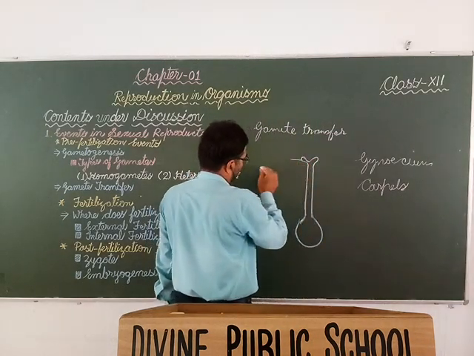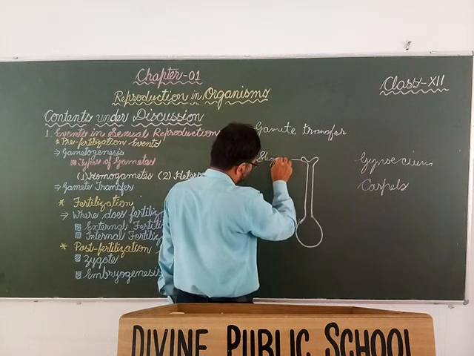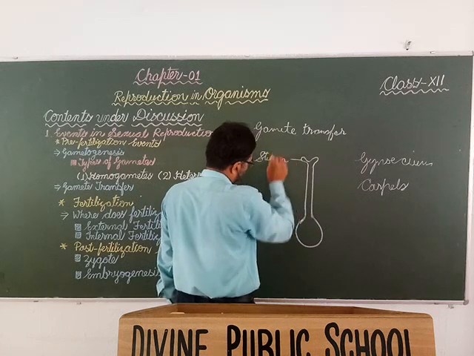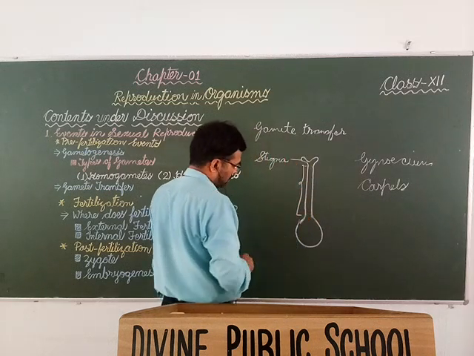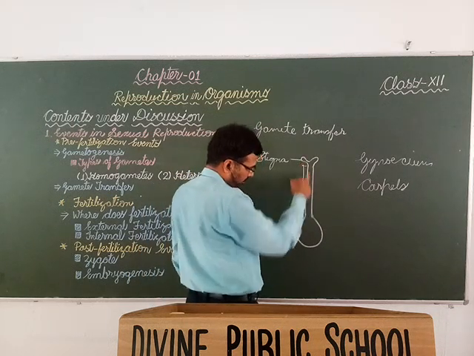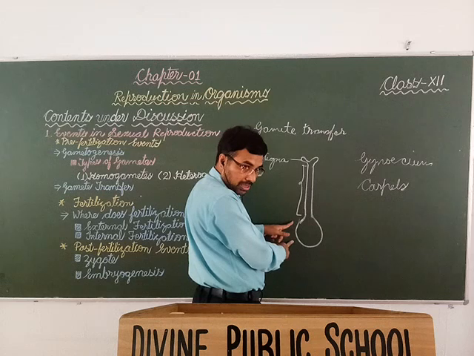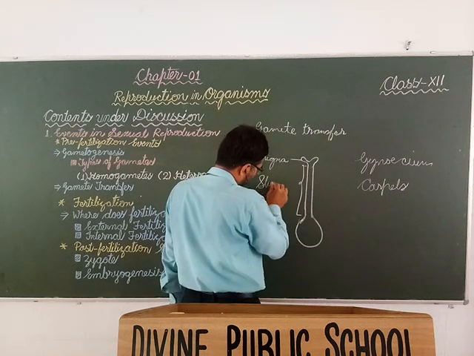This at the tip, this region is called stigma. This filament-like portion which connects the stigma with this bigger globular portion is called style.